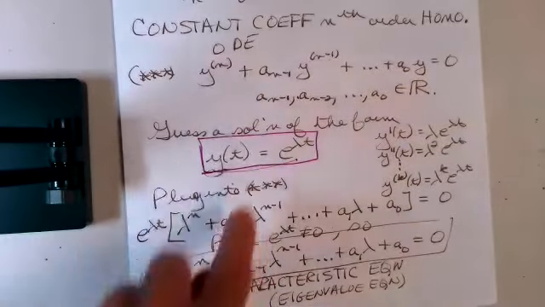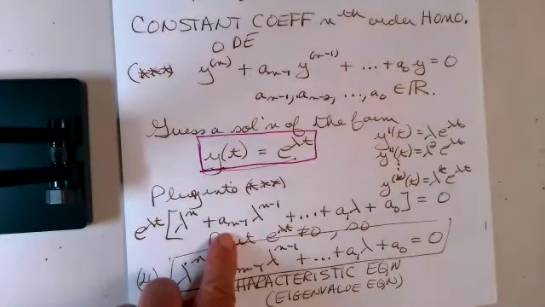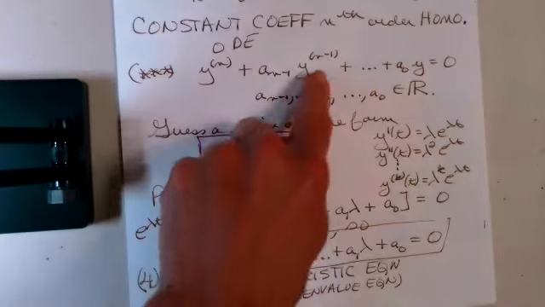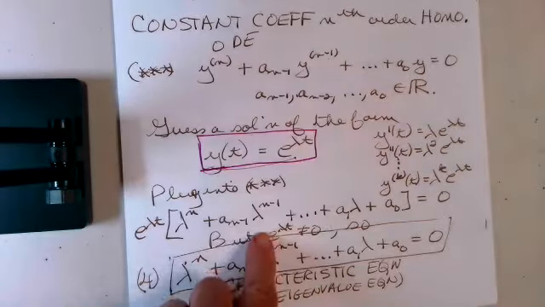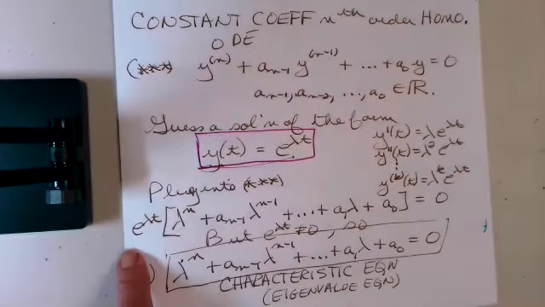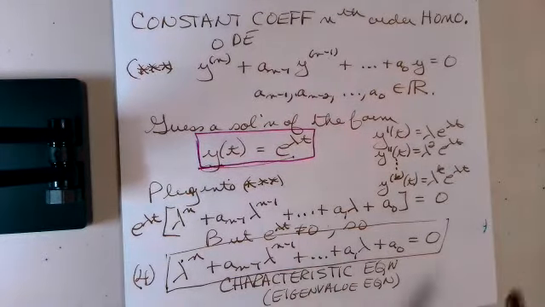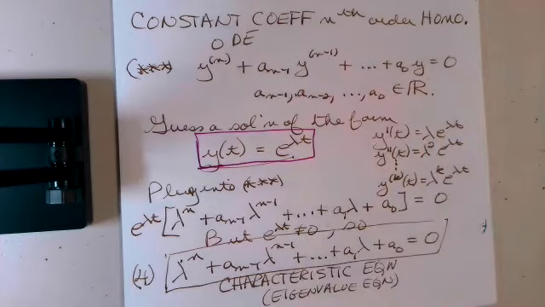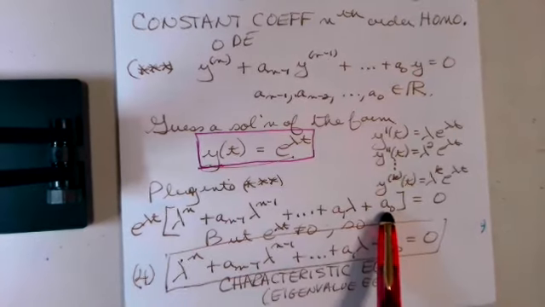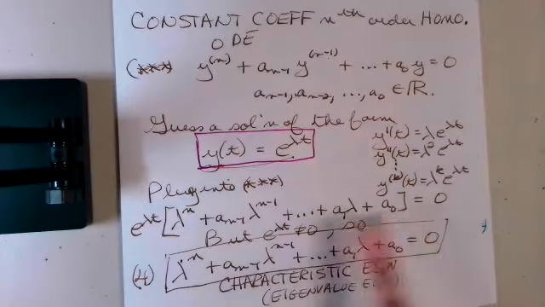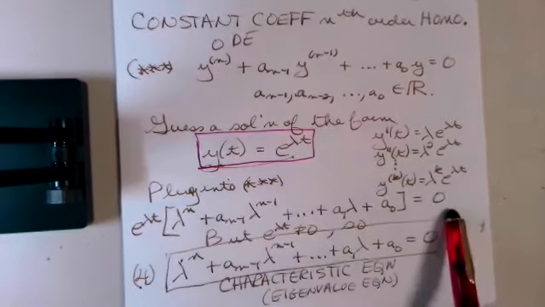Then I write down my a sub n minus 1, the constant. And what happens when I take this derivative? Well, I'll get a lambda to the n minus 1 times e to the lambda t. So that's this term. And you keep going like that. When you finally get to the last one, you have a0 times y, which is just e to the lambda t. So you just have a plain a0 left. And all of that by the equation has to equal 0.